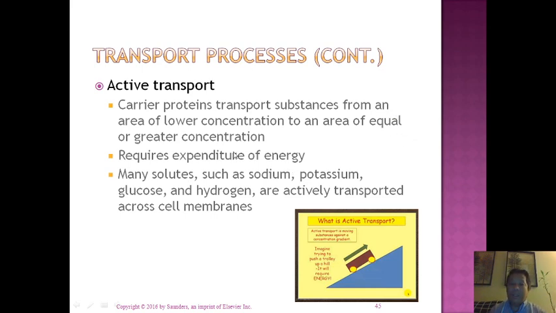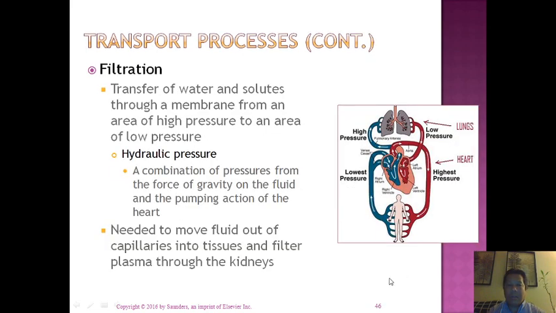But in this case, active transport requires the use of adenosine triphosphate, or ATP, our energy. So all active transport, such as the movement of sodium, potassium across cell membranes, hydrogen and glucose, requires the expenditure of adenosine triphosphate.